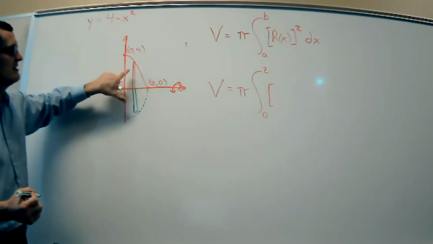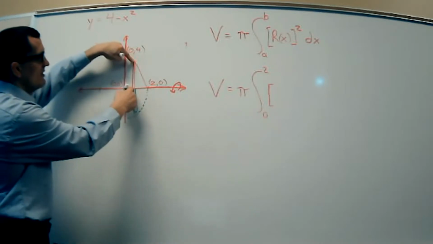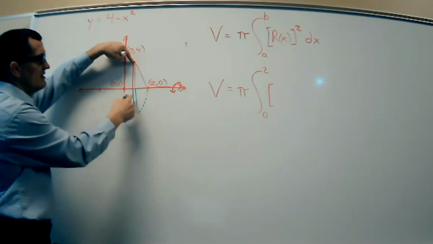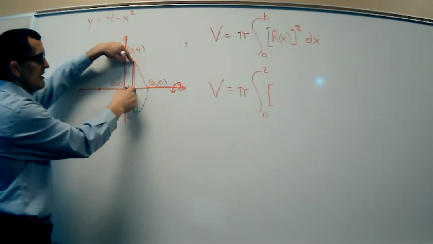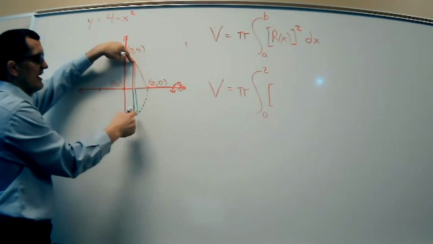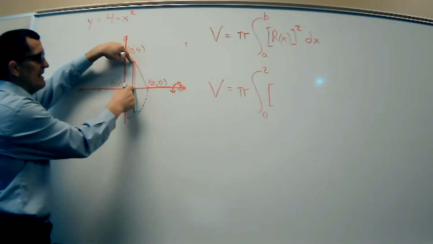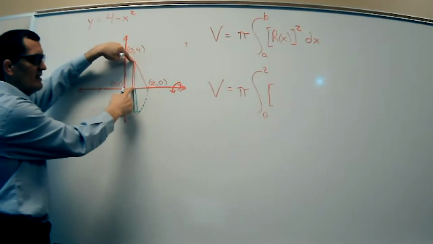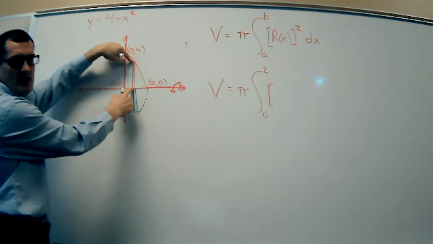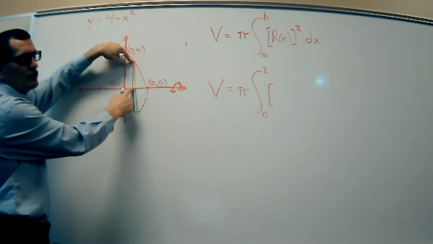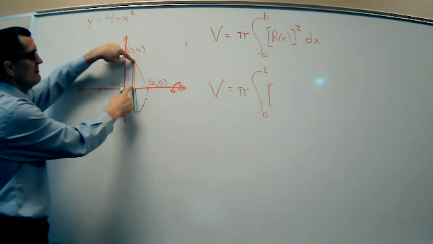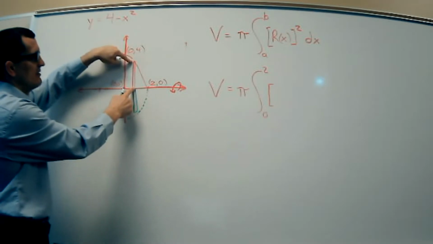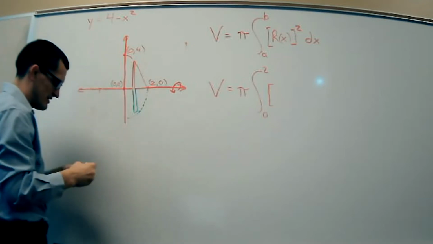The diameter is going to be twice the length of the rectangle, which means that the radius of the disk is exactly the length of this rectangle, right? So the radius of the disk is going to be the same as the length of the rectangle. Well, how far is the length of the rectangle?